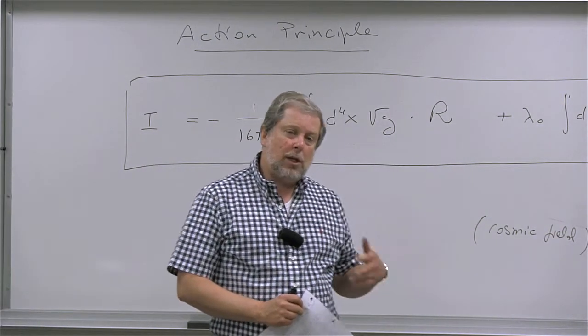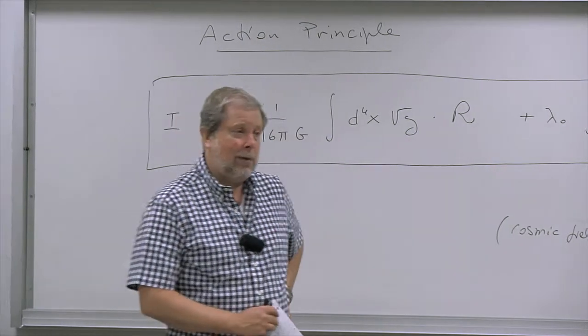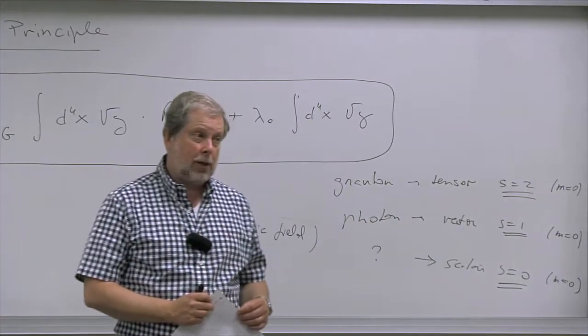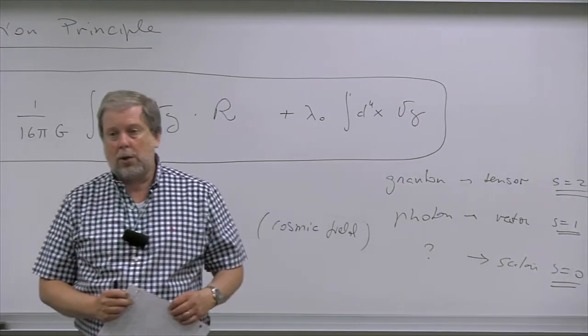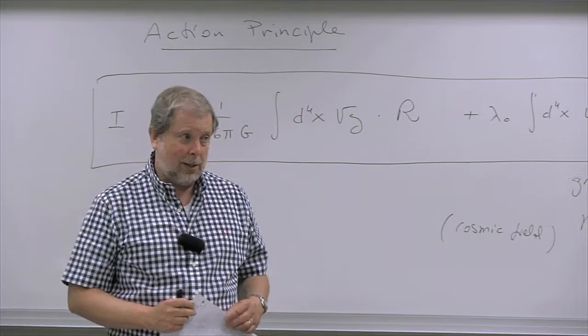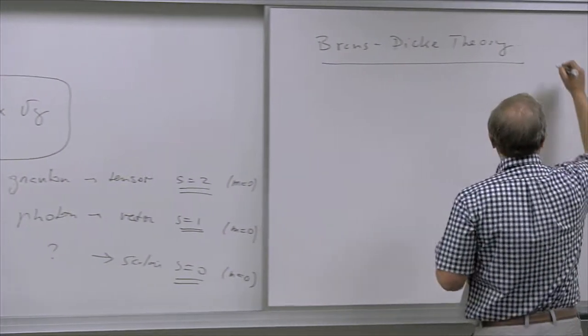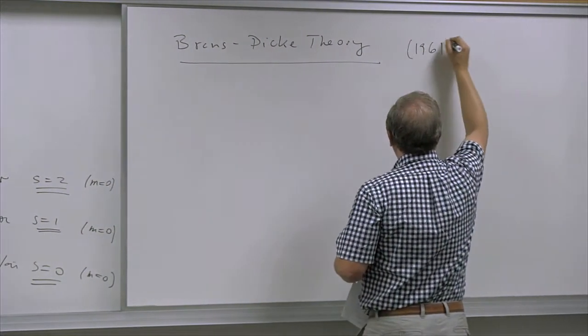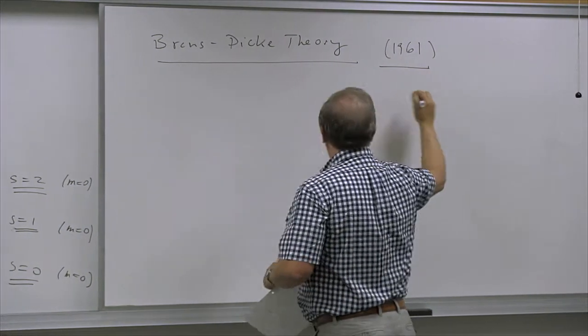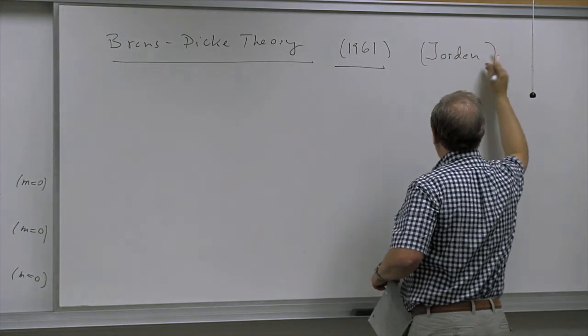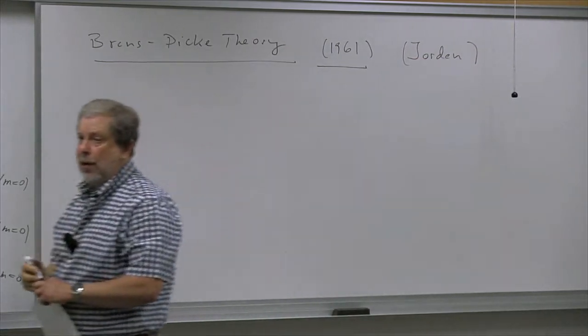So in fact, as we discuss later on tests for general relativity, it will be kind of interesting to see how well this Brans-Dicke theory fares, because there's a new parameter which is called omega, which appears in the Brans-Dicke theory. Right? So they wrote down this theory in 1961. I think sometimes the name of Jordan is associated with it as well, which is quite a bit earlier than that, around 1949.